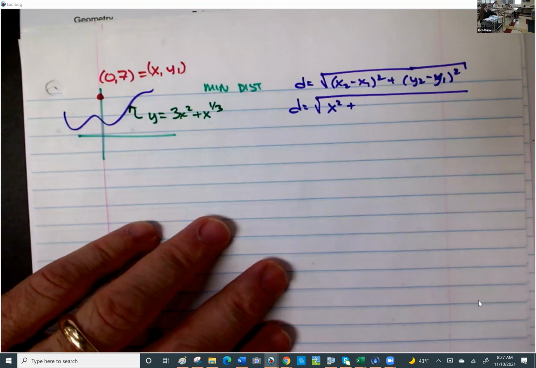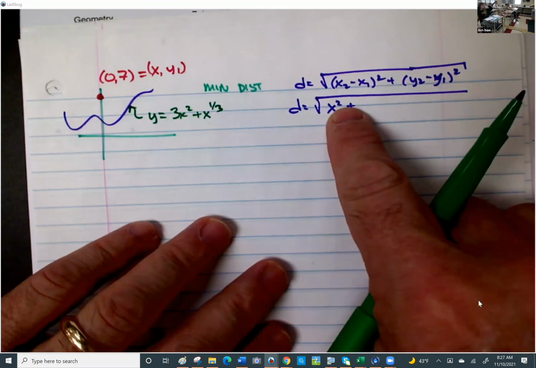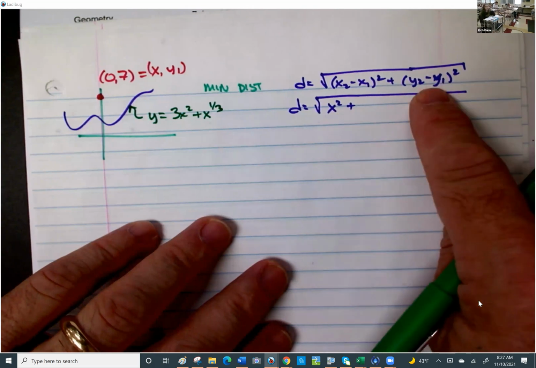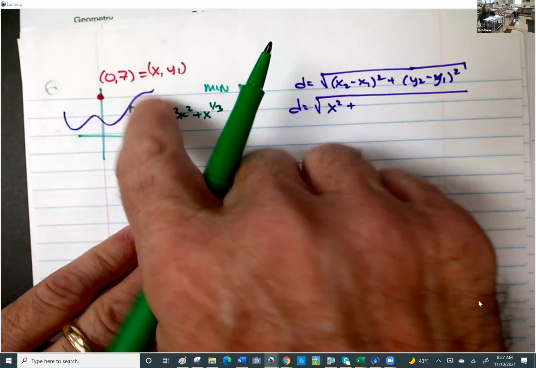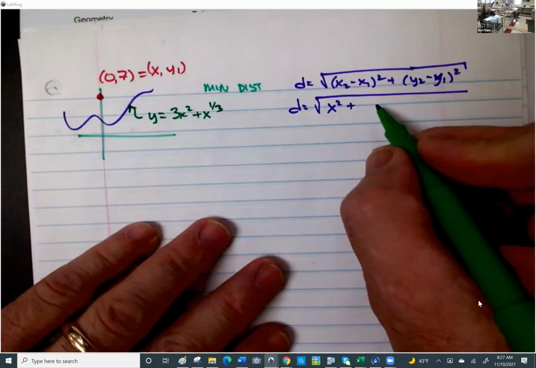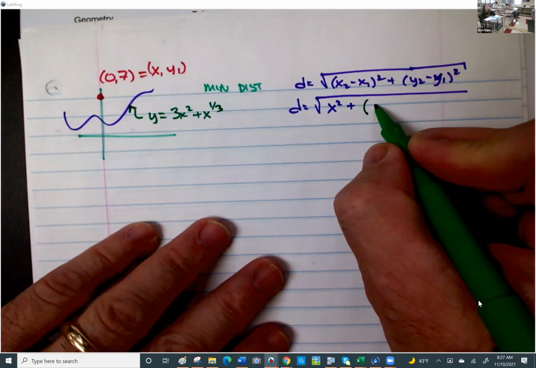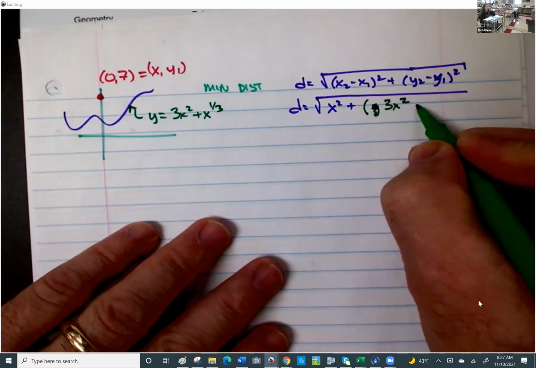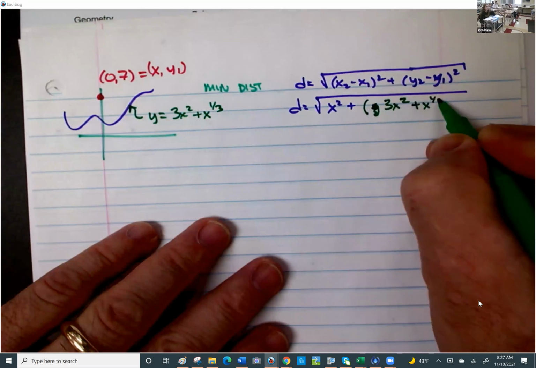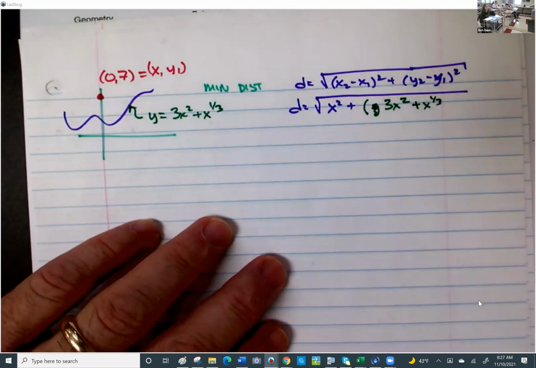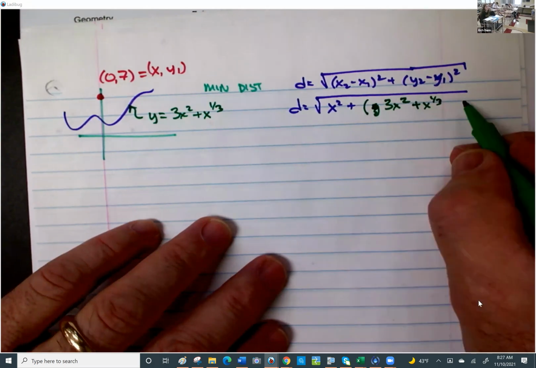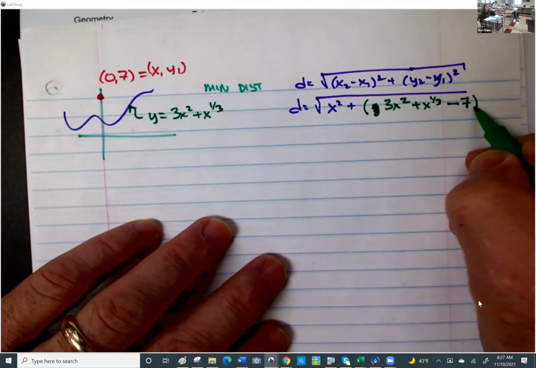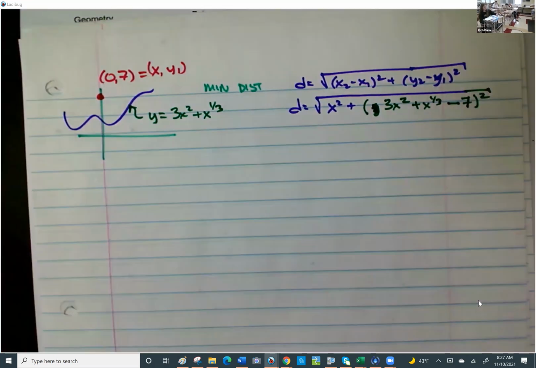Then over here, my y2 value will be whatever the y coordinate of the curve is, so that would be plus the 3x squared plus x to the 1/3 power. And then I have to remember that my y1 value of 7, I have to deal with that. So it will be a minus 7.